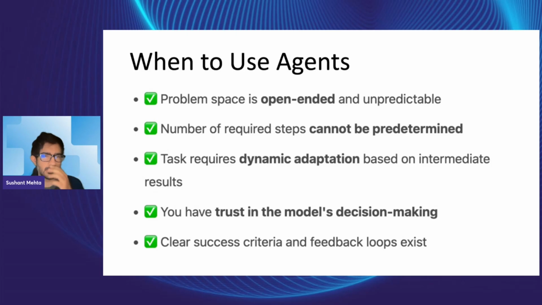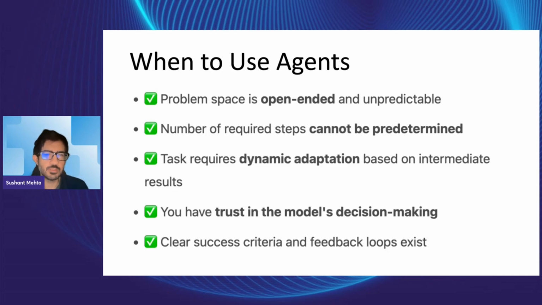A good use case is when the problem space is open-ended. You don't know beforehand what the solution is going to look like, or the number of required steps. For a complex problem, the agent could end up taking 10 steps, versus for a simpler task maybe it just needs three or four steps. The agent needs to adapt based on the results it has seen so far. We'll see these patterns in detail later as well.